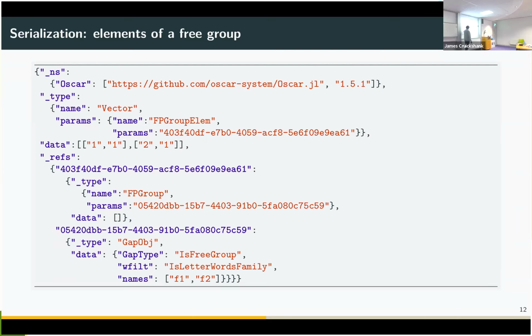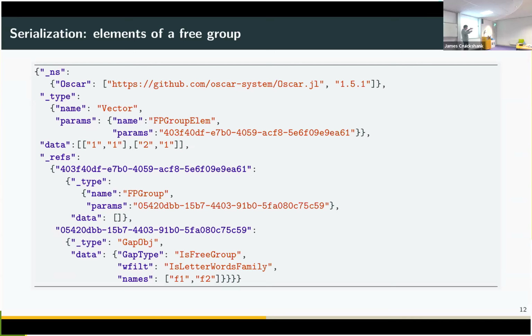So the idea is, in order to reconstruct this vector, we first have to go to GAP and create this free group. On the basis of this free group, OSCAR knows how to create its free group. And then one can create the elements of this free group and get objects which have the same internal relationship as they had before.